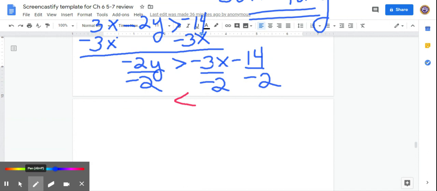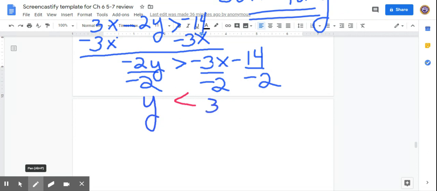All right, so now we are left with y is less than, 2 negatives become a positive, so 3/2 x, and -14 divided by -2 is +7. Now our inequality, technically, has y by itself.